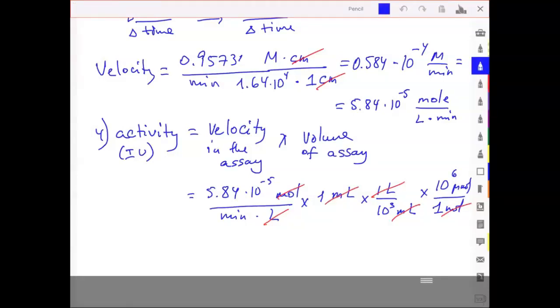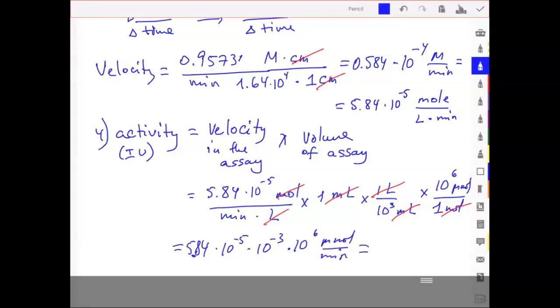All right, so if we do this calculation, I'm going to have 5.84 times 10 to the -5, 10 to the -3, 10 to the 6 micromole per minute. Okay.